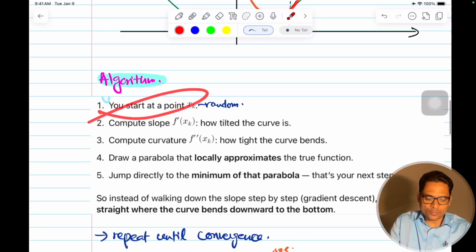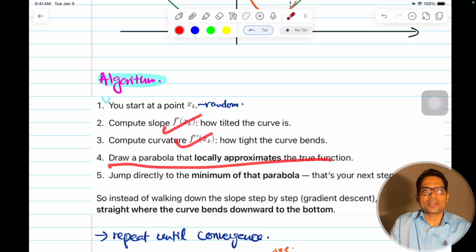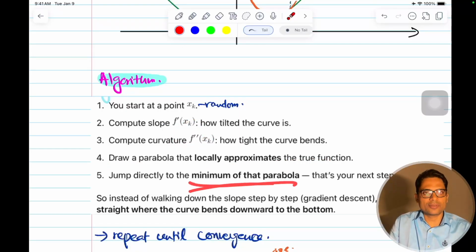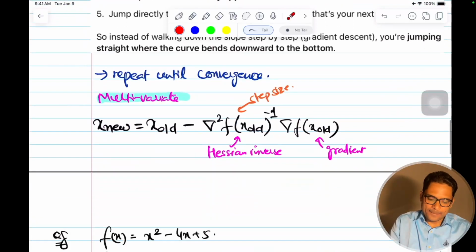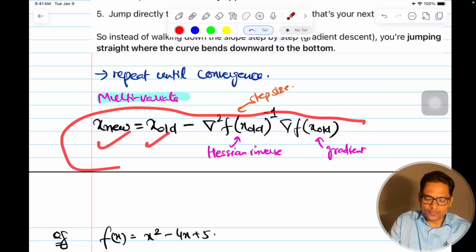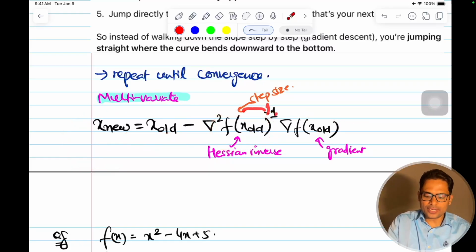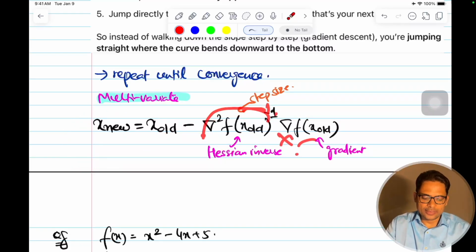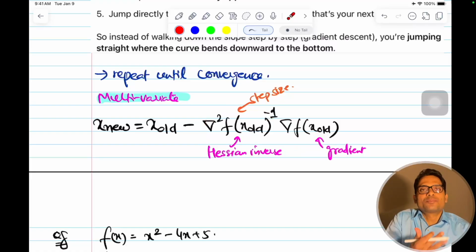Then we saw the algorithm. You start at any random point, compute the first derivative and second derivative, draw the parabola, and then jump to the minimum of the parabola. How do we update the parameter? The new parameter is the old minus the inverse of the Hessian at the old point, times the gradient. And this Hessian inverse acts as a step size, so explicitly you don't need a step size.